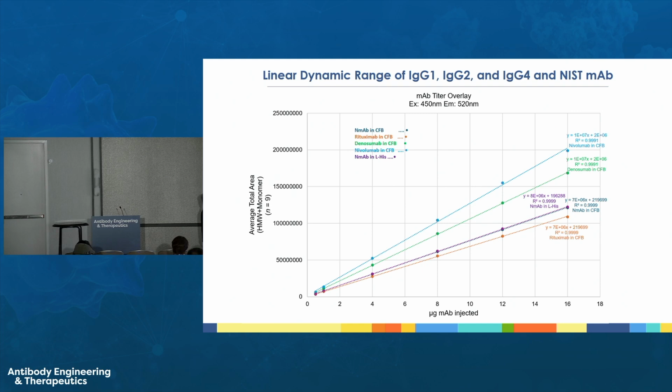If you compare the LDRs between NIST mAb, which is the standard IgG1, Rituximab is in this orange. Then you have Denosumab and Nivolumab. The slope is slightly different. This could be because their IgG structure where the molecular recognition agent is binding is slightly different.